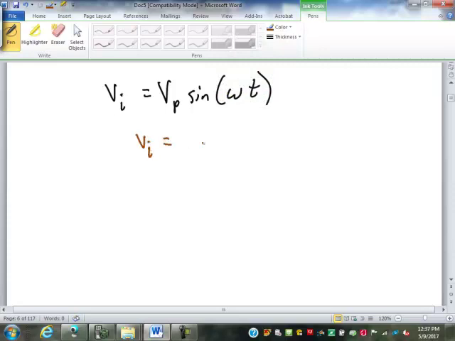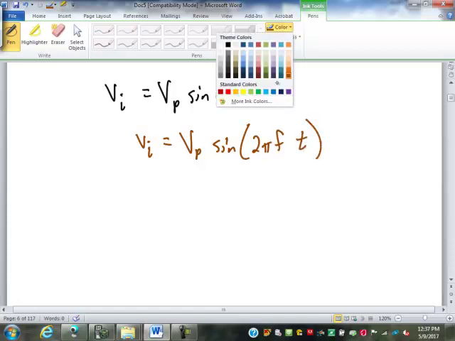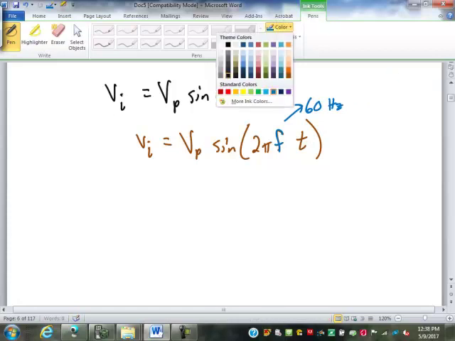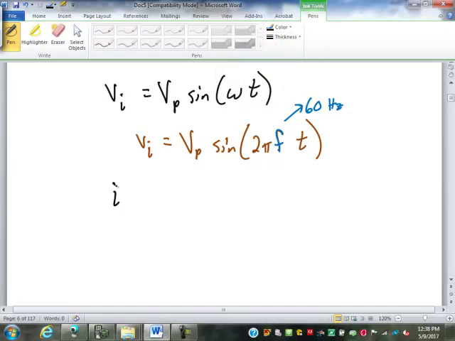So this is really the instantaneous voltage is the peak voltage times the sine of 2 pi times our frequency times t, where the frequency is generally 60 hertz. So 60 per second is what it comes out to be. And we did the same with our instantaneous current: I instantaneous is equal to our peak current times the sine of omega t.